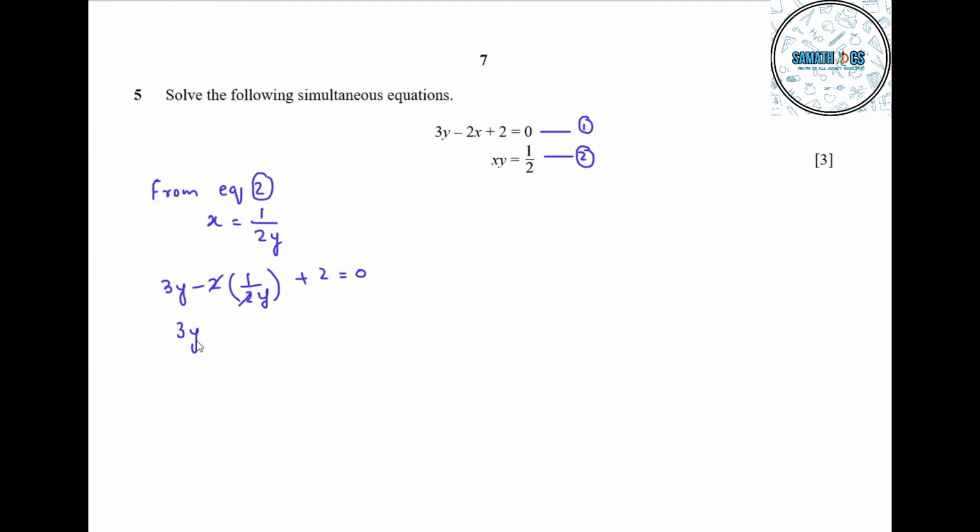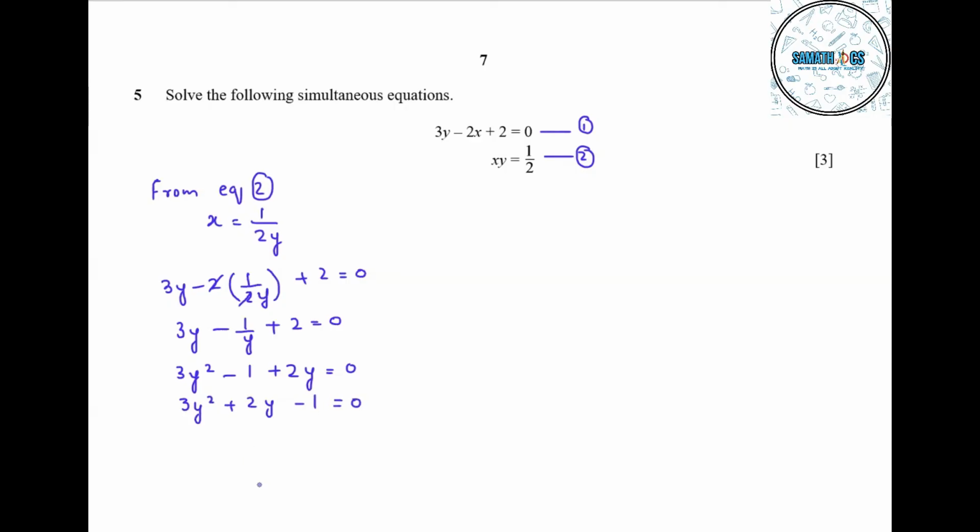So we have here 3y minus 1 upon y plus 2 is equal to 0. We can multiply the whole equation by y. So this will become 3y squared, and here y and y will be cancelled out, so we will be left with minus 1 plus 2y is equal to 0. So now we have 3y squared plus 2y minus 1 is equal to 0.